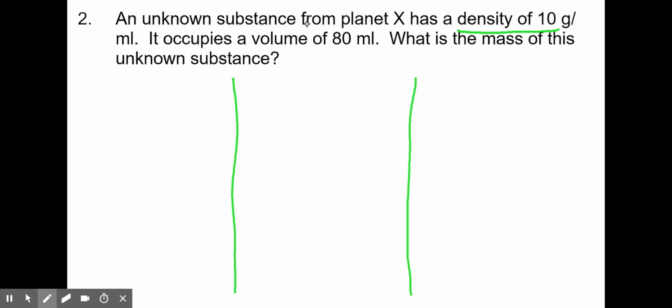Okay, here we go. An unknown substance from planet X has a density of 10 grams per milliliter. It says right in the problem, you've got to identify two of the three things that it's given you. It has a density of 10 grams per milliliter, so density D equals 10 grams per milliliter.